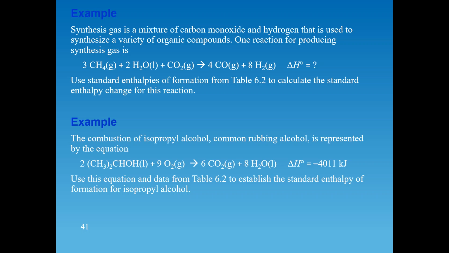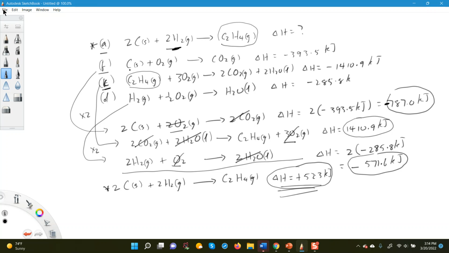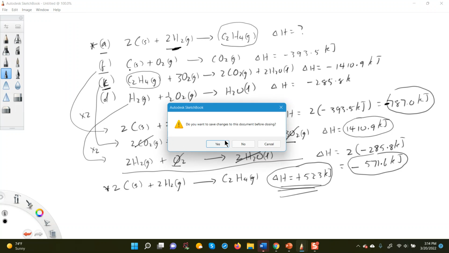One minute here. Okay, the other laptop here is acting up. Okay, I got it working. Okay, good. So basically, I'm going to get out of this here, and I'm going to go to my writing tablet here. Let me get rid of this previous work.